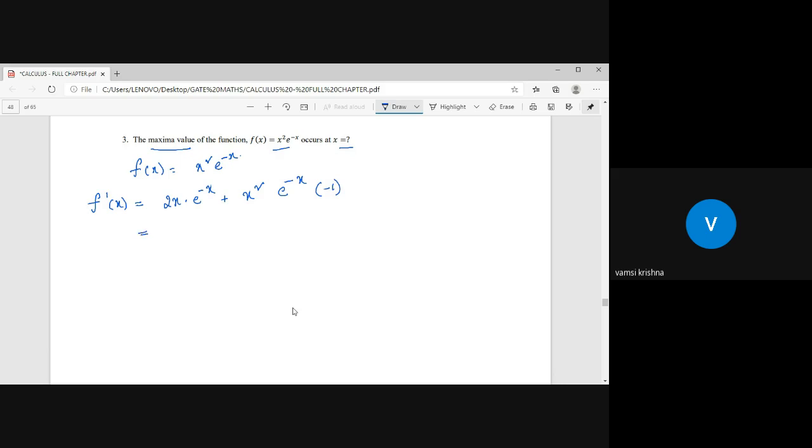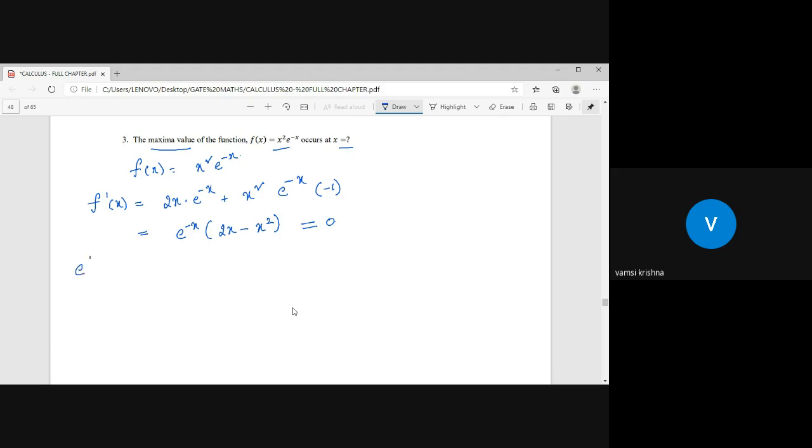So then what do you take common here? e power minus x is common in both places. If you take e power minus x common, 2x minus x square. So now we want to equate f dash of x equal to 0 to find out the roots. So there are two possibilities.